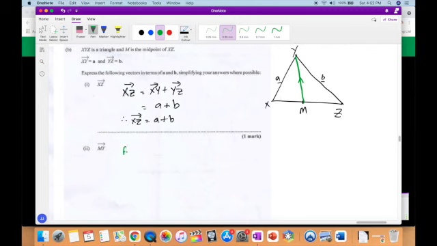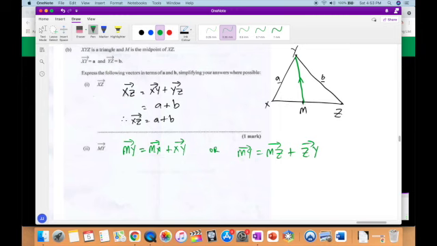I'll do it the two ways and we'll see if we get anything different. MY is MX plus XY, or I could say MY is equal to MZ plus ZY. So I could go this way, MZ plus ZY. Let's see if we'll get the same answer for both of them.